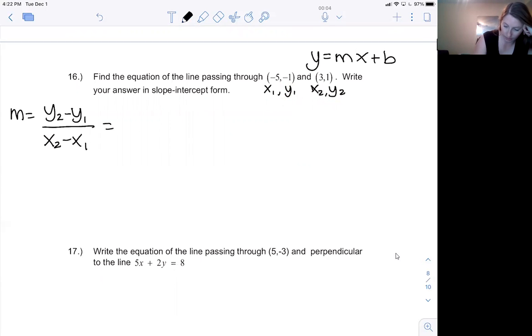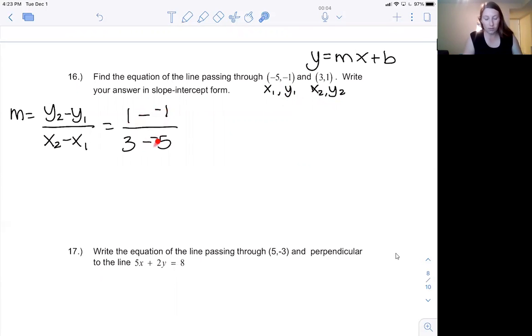Now I'm just plugging it in. So my y2 is 1 minus y1 is negative 1. x2 is 3. x1 is negative 5. And so these negatives don't confuse you, I would just put it in your calculator, 1 minus negative 1, 3 minus negative 5.